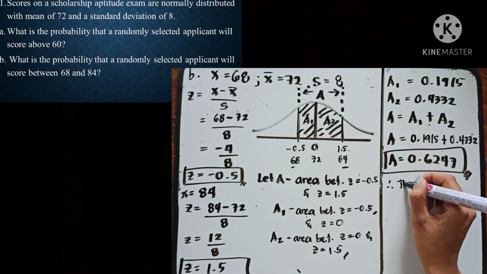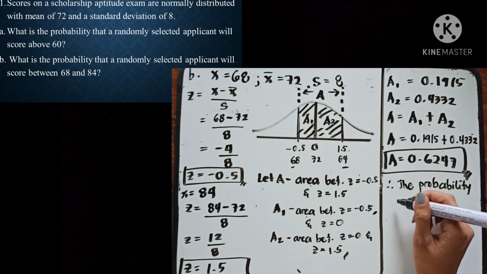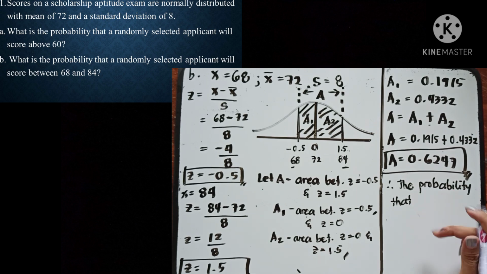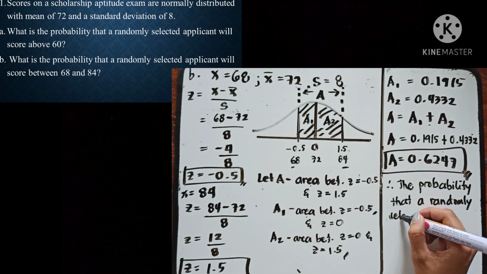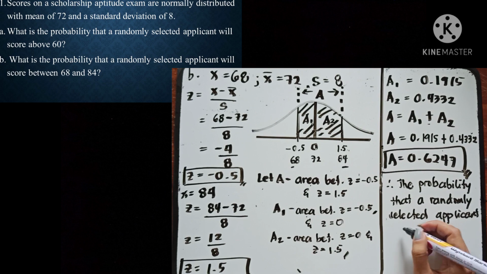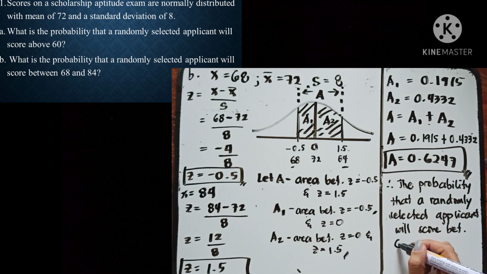So, now, the probability that a randomly selected applicant will score between 68 and 84 is 62.47%.